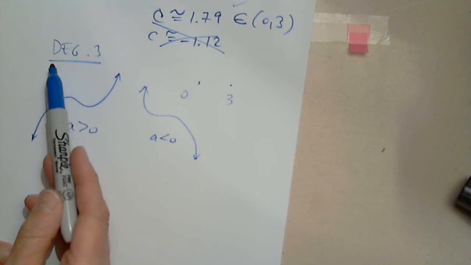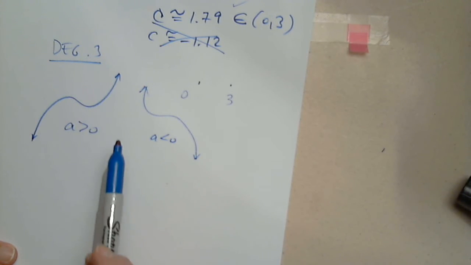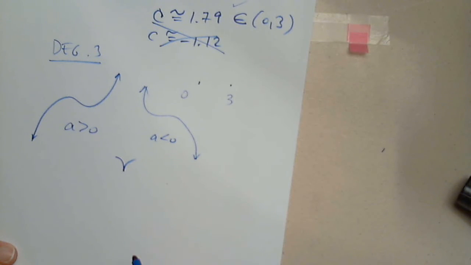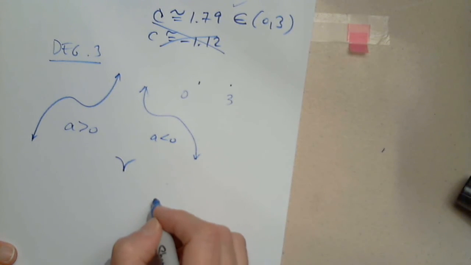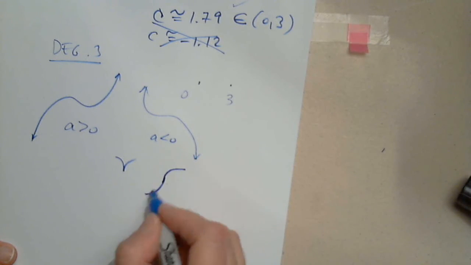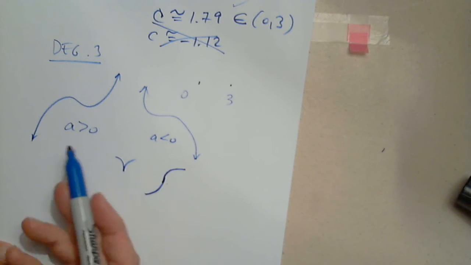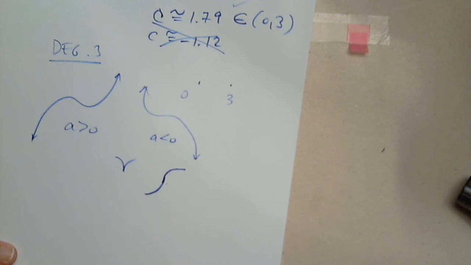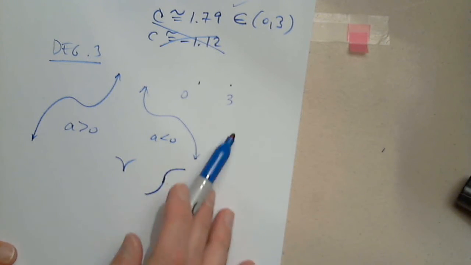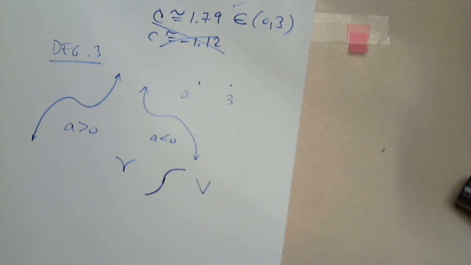These functions, any degree, I just picked degree 3, don't have a cusp ever, don't have a vertical tangent ever, don't have discontinuities, don't have corners. So these are continuous and differentiable everywhere on their domain. And this is valid for any polynomial function.